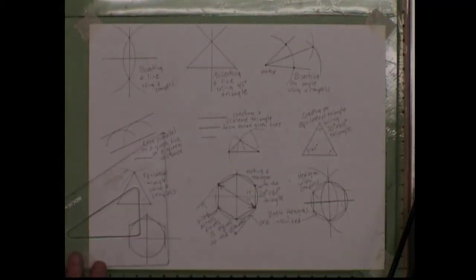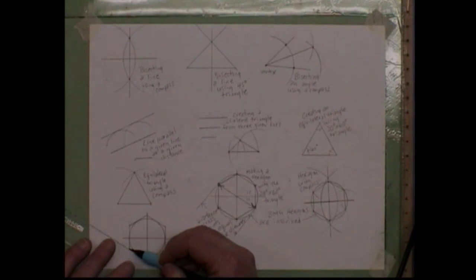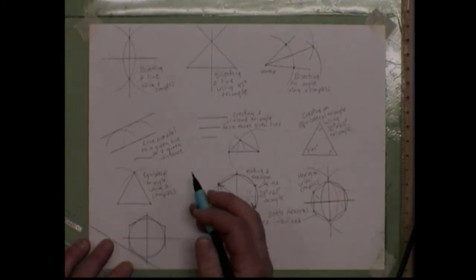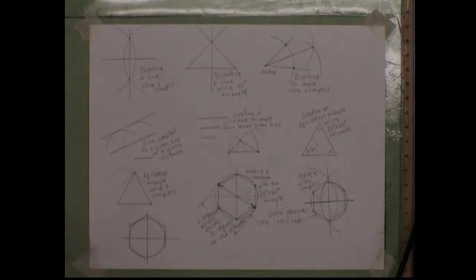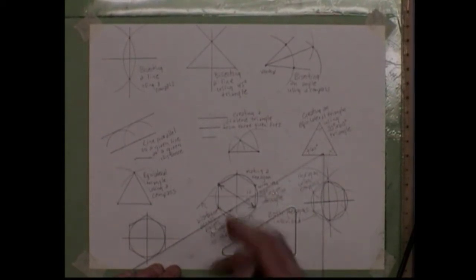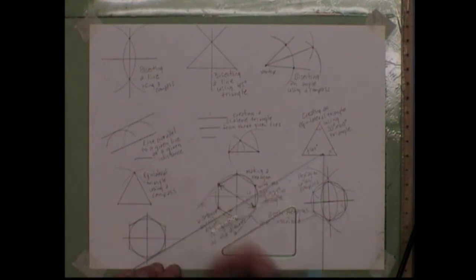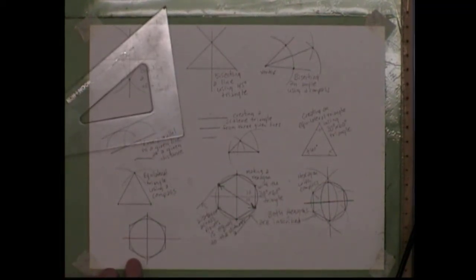I'm not really measuring anything. I'm just putting my 30-60 triangle up against my horizontal straight edge and putting it tangent to the outside of this circle, but I'm still getting an accurate hexagon.